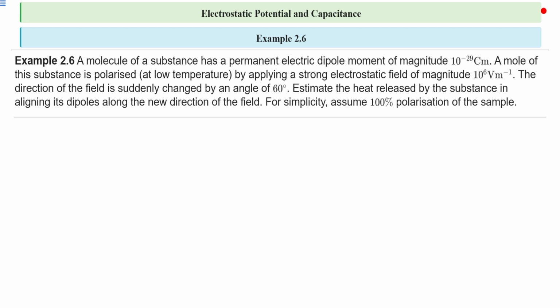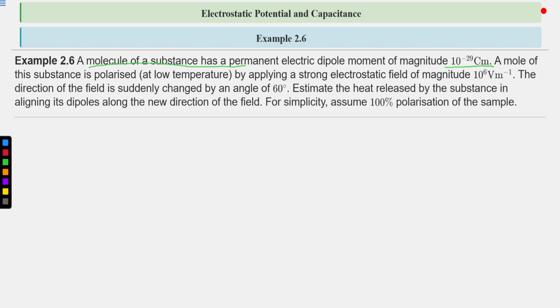Example 2.6: A molecule of a substance has a permanent electric dipole moment of magnitude 10 raised to power minus 29 coulomb meter. So there is a substance, and each molecule of this substance has a permanent dipole moment of magnitude 10 raised to power minus 29 coulomb meter.